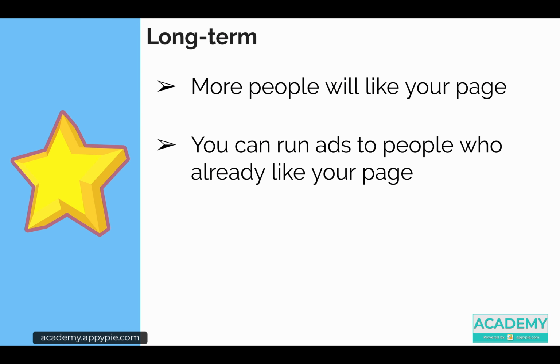But that is actually fine, because we know that the people who like your page are warm audiences who are really well targeted, and we actually are going to pay really cheap prices to promote to them, and they are really good candidates to turn into recurring event attendees from whom you can make significant money long term.